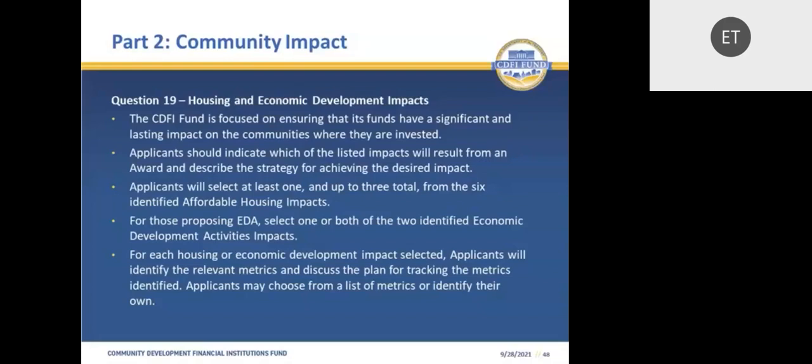And if you're doing economic development, there are 2 identified impacts, and you need to select one or you may select both. For each housing or economic development impact that you select, you need to also identify relevant metrics and tell us about your plan for tracking the metrics. We have a list of metrics that you can choose from, but you can also identify your own. Next slide.